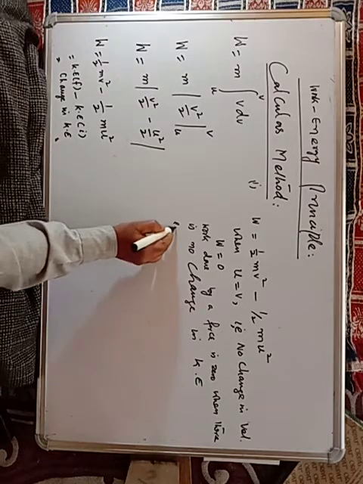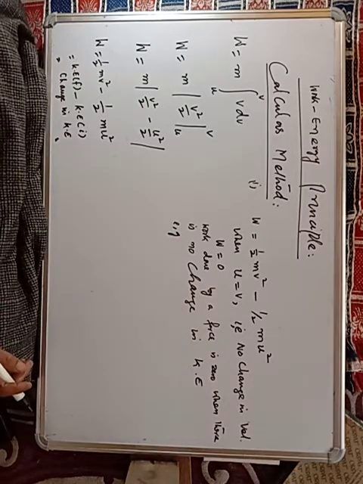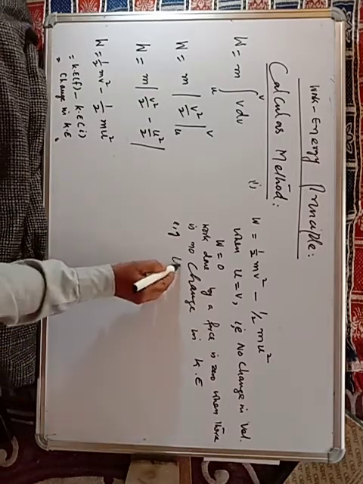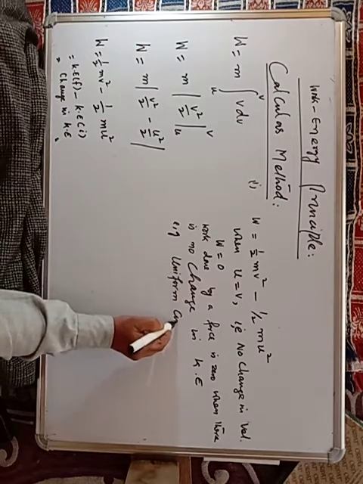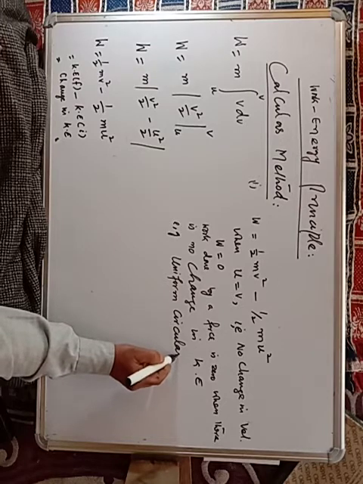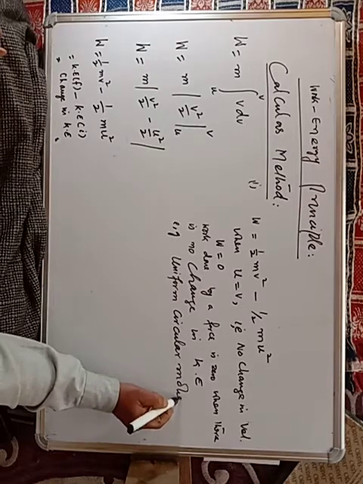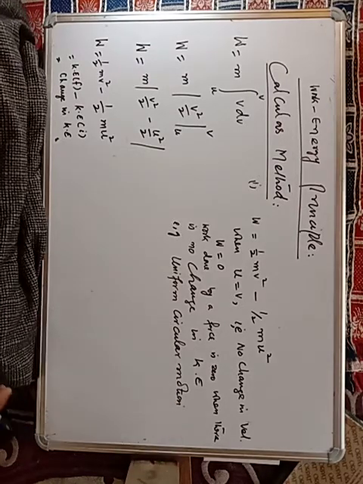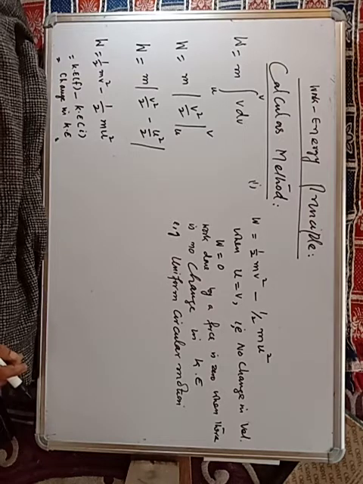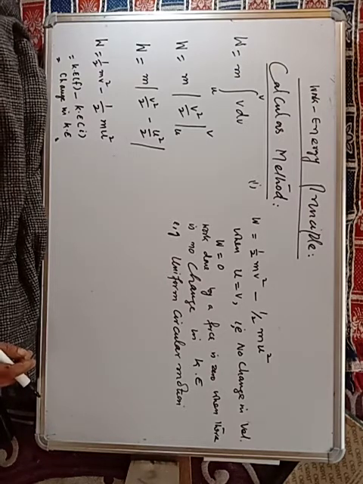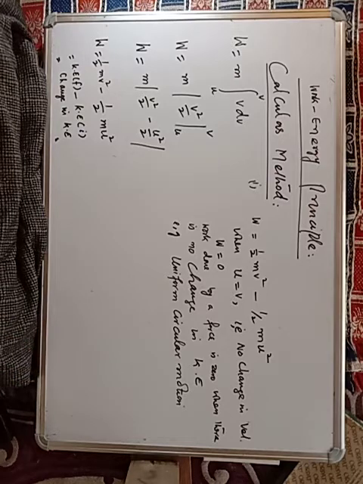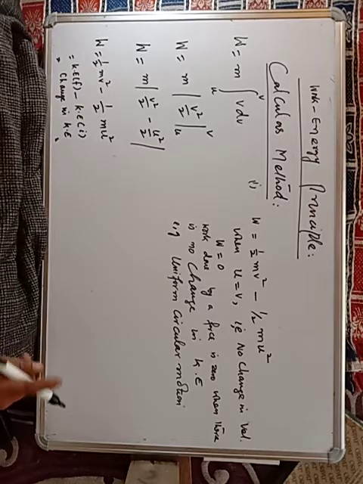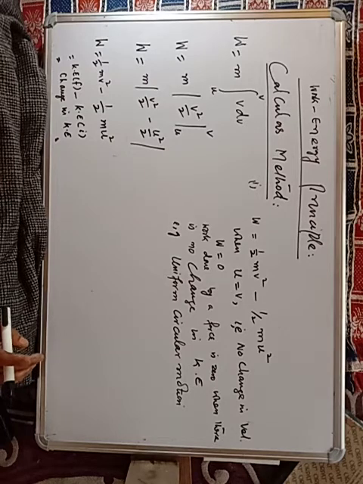So for this you have an example: uniform circular motion. That means force is acting on the body, but there is no change in the kinetic energy, hence work done by the force is 0.